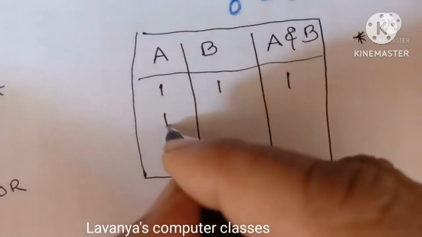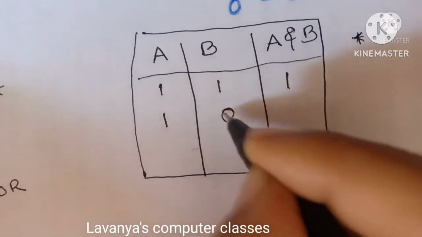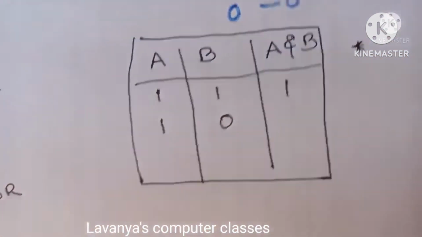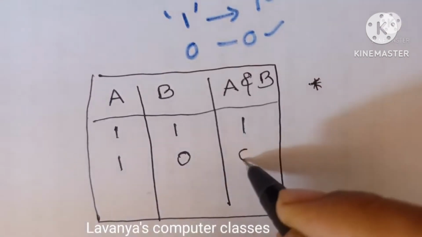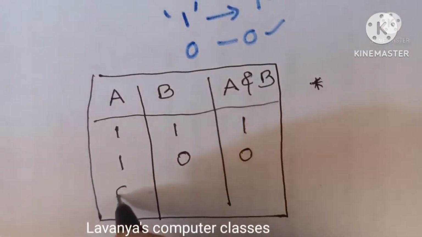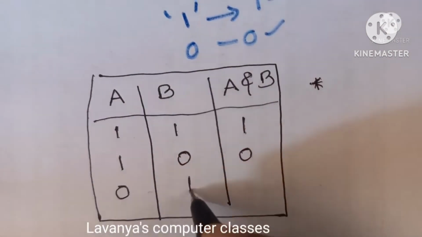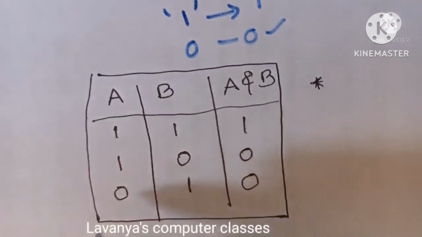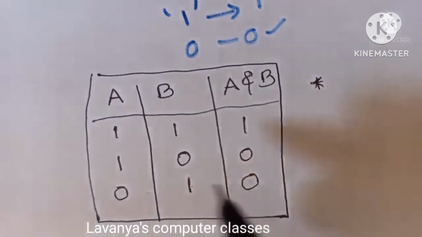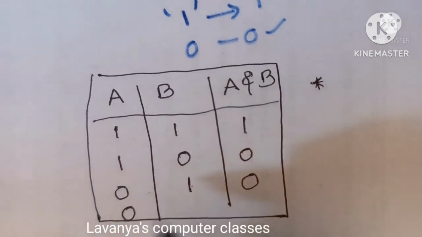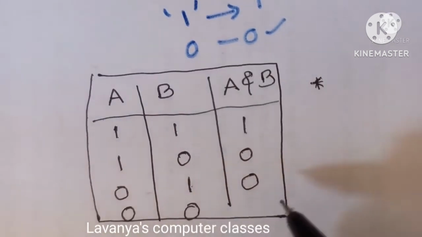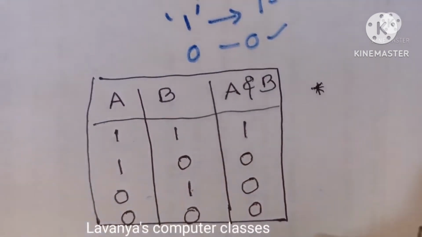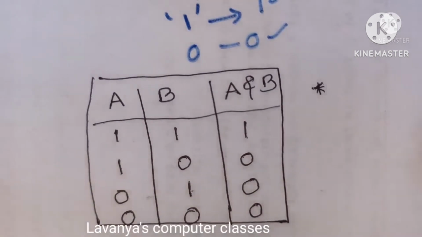If the first bit is 1 and the second bit is 0, any one bit is 0, so the result is 0: 1 into 0 is 0. If the first bit is 0 and the second bit is 1, again the result is 0: 0 into 1 is 0. If both bits are 0, the result is 0. So this is called the truth table for the bitwise AND operator.